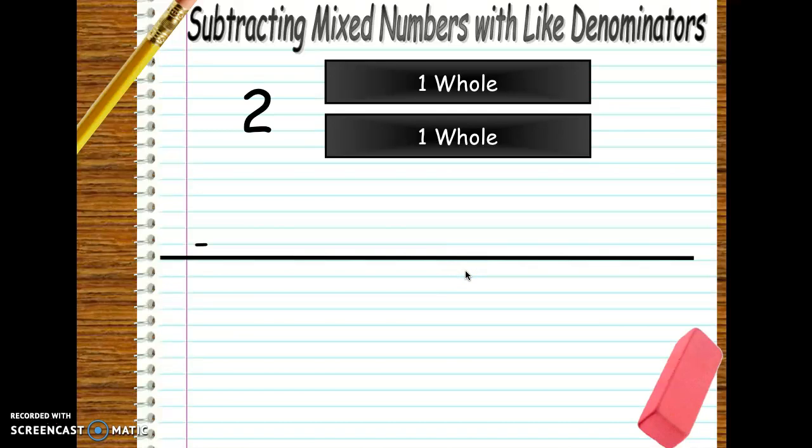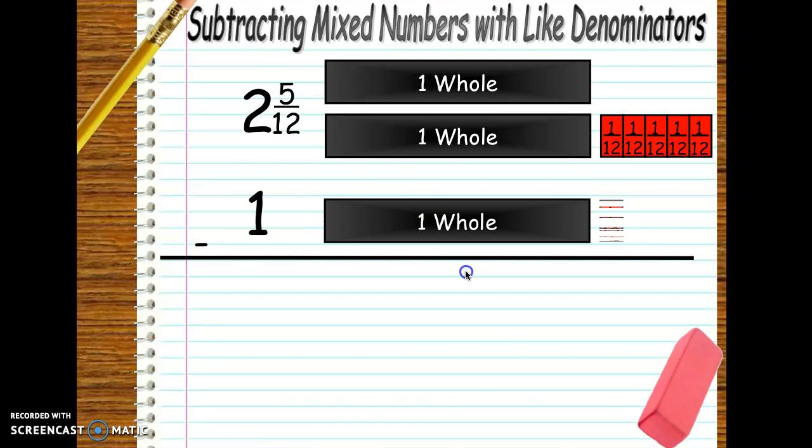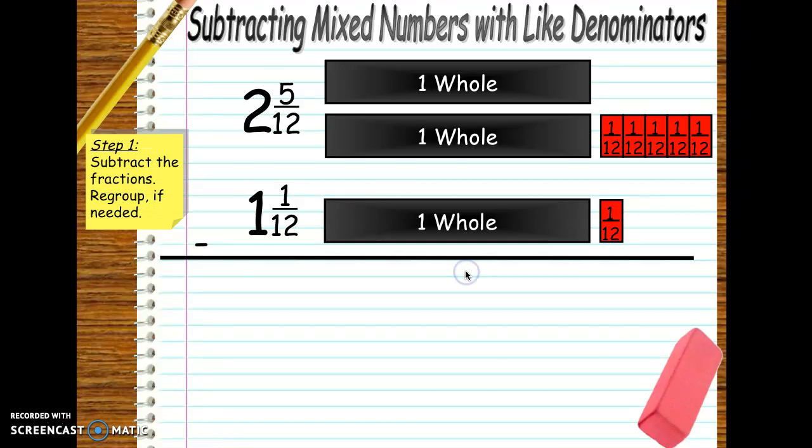So in this problem here, we have 2 and 5/12 subtracted by 1 and 1/12. So in this problem here, we're going to focus once again, step 1, on subtracting those fractions on the right-hand side. So we're going to look at the fractions, and we have 5/12 minus 1/12. Since our fractions on the top number are larger than the fractions on the bottom, this is going to be easy for us to subtract.